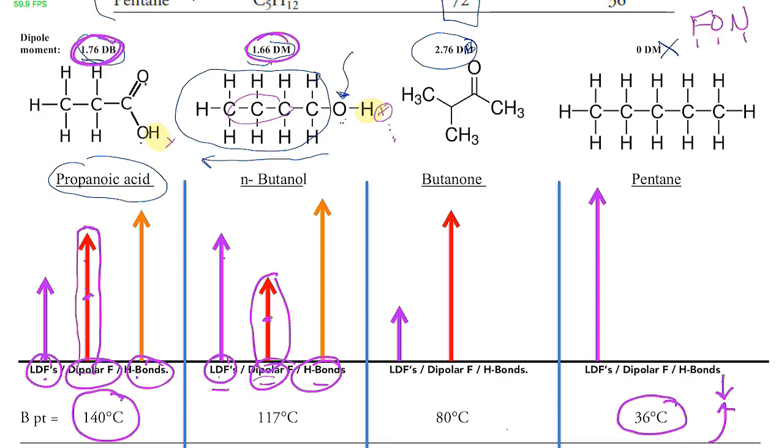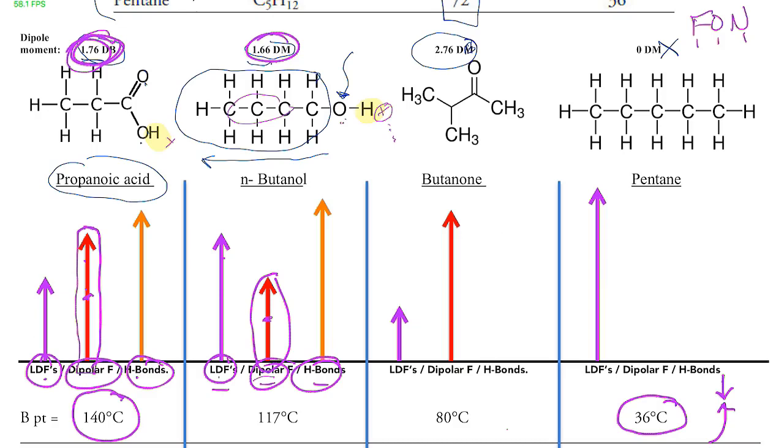Definitely is. So you'd have to say in your AP answer that propanoic acid and N-butanol have the same number and type of intermolecular forces of attraction, but propanoic acid has greater dipolar forces as noted by its what? Its 1.76 Debye dipole moment.